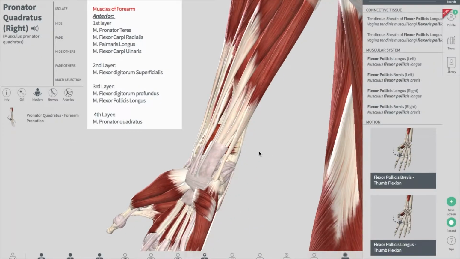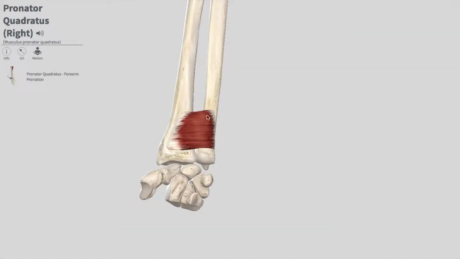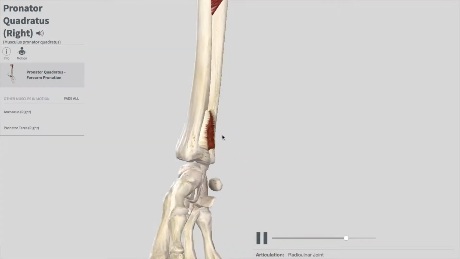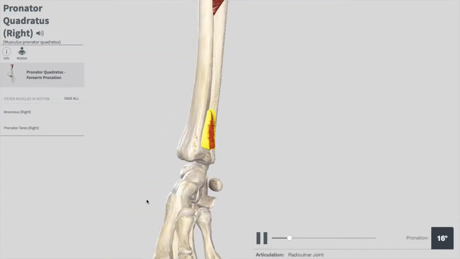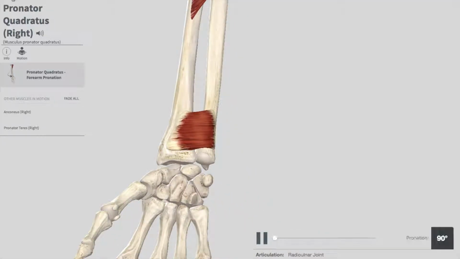It's a short muscle that lies between the ulna and radius. It arises from the anterior surface of the ulna, you see here, and then inserts at the anterior surface of the radius. And the function of this muscle is also in the name, pronator. It pronates the arm, pulling the radius to the side so that the dorsal surface of the hand faces forward.